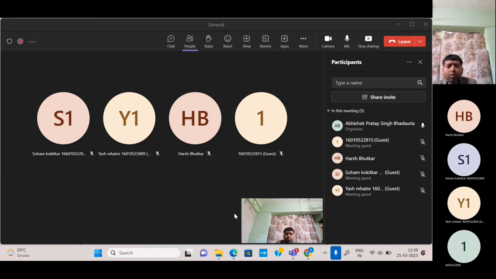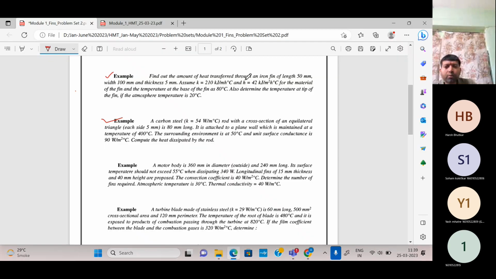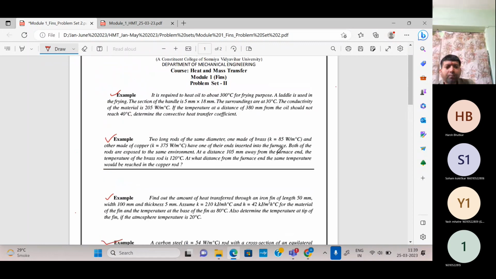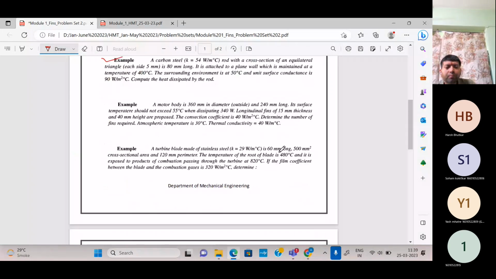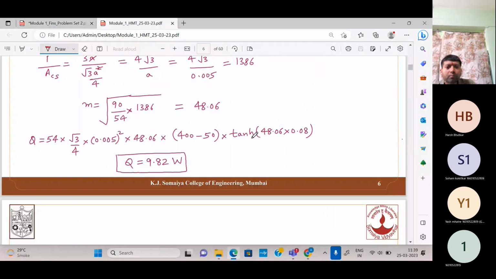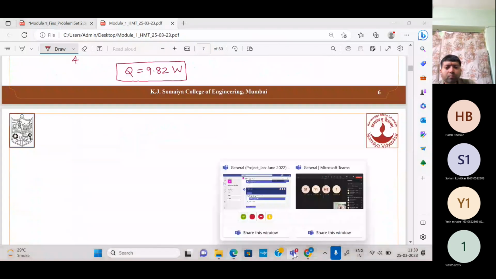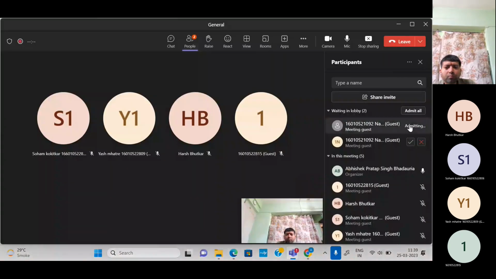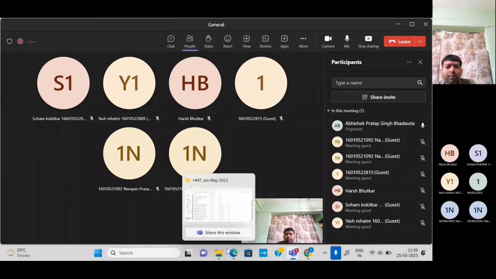Okay, so let's solve the problem. Yes, can you see my screen properly? Anyone please confirm? Please confirm.